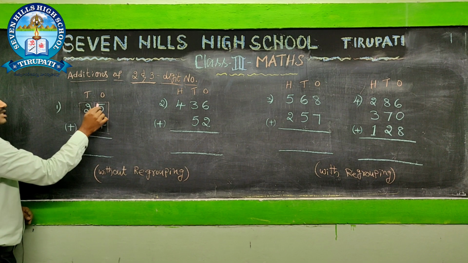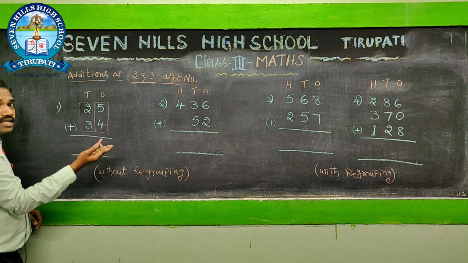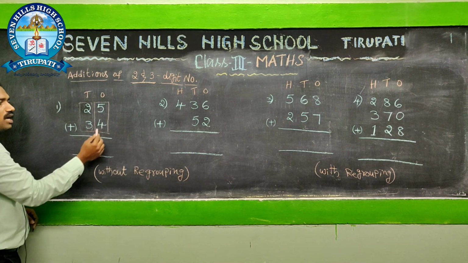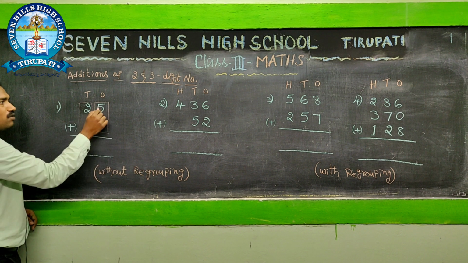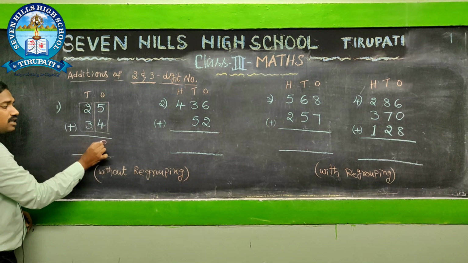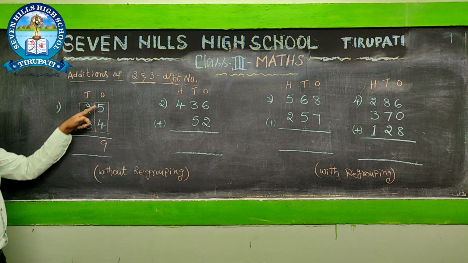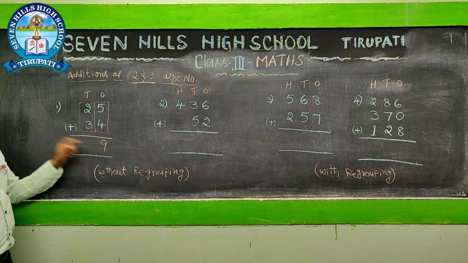Understand? In 2 digit numbers, you have to add the ones column first, after that the tens column. Now see, in the ones column 5 ones is there and 4 ones is there. 5 ones plus 4 ones becomes 9 ones.